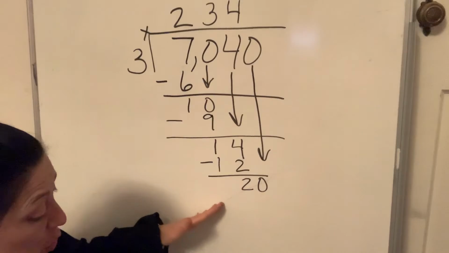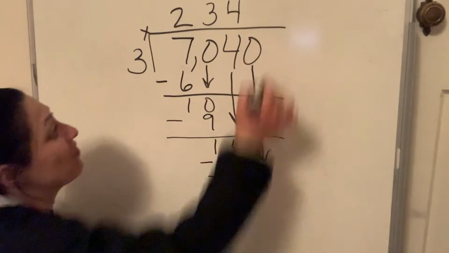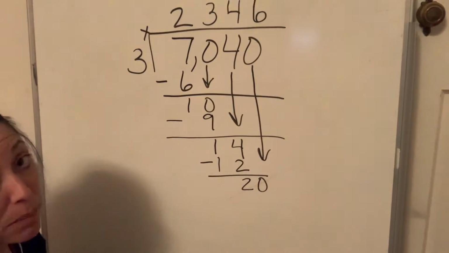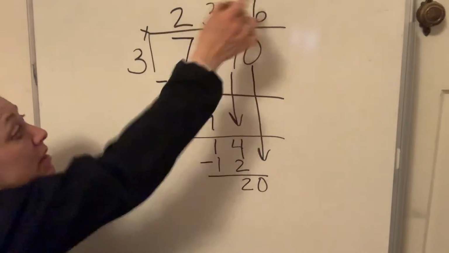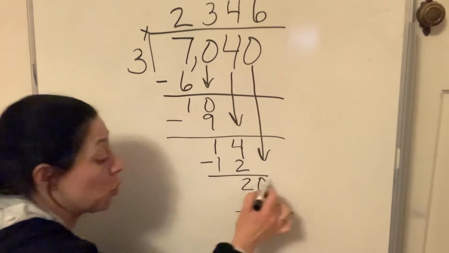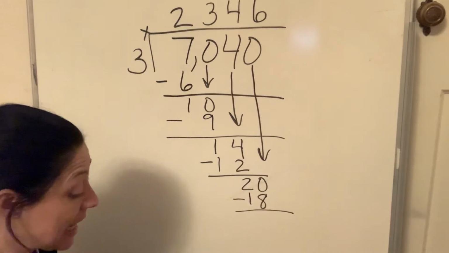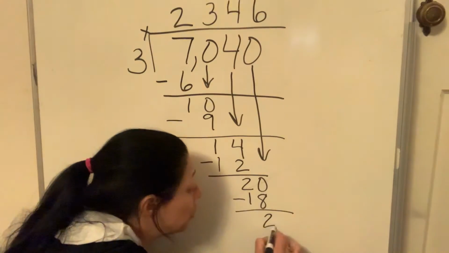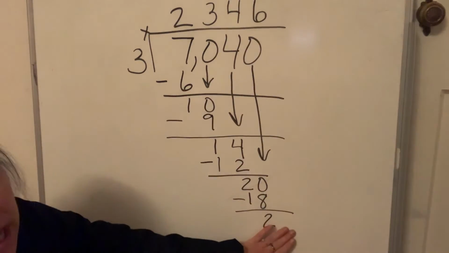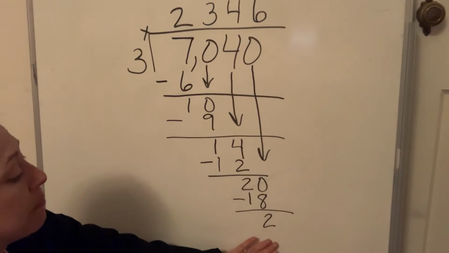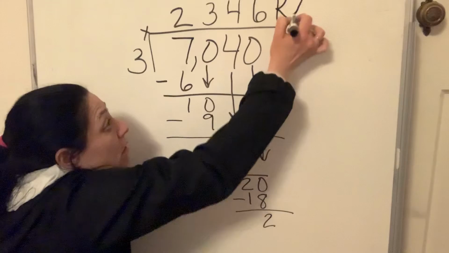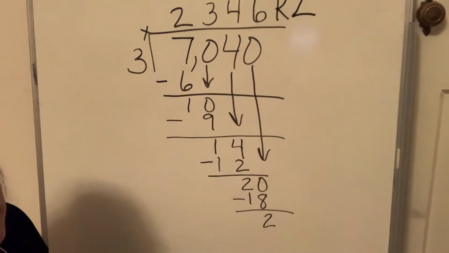I'd say 6 times. Now I multiply. 3 times 6 is 18. 20 minus 18 is 2. I don't have any more digits to bring down. That means my 2 becomes my remainder.